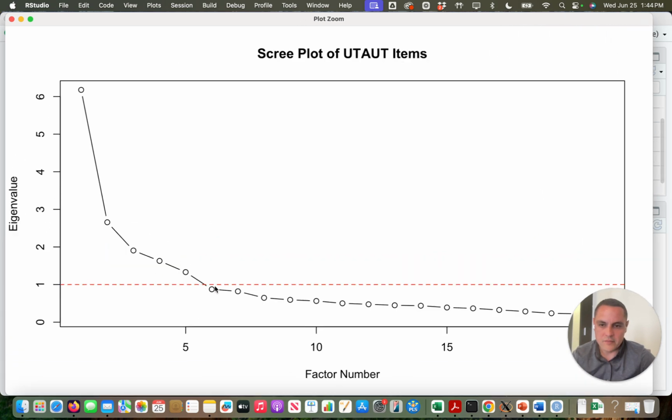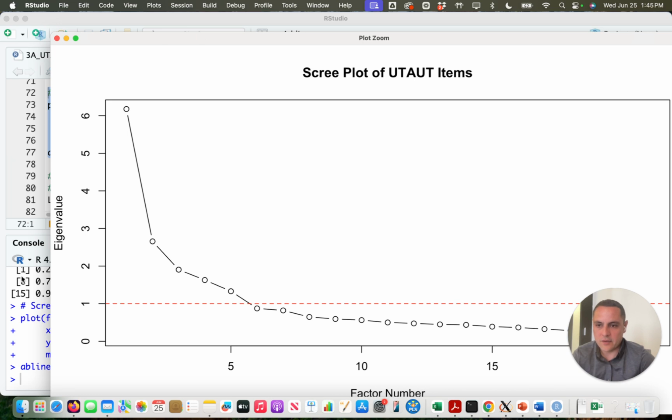You can see that this 6th one is just below 1, so I have pretty good justification to use 6. And in fact, it's backed up by my theoretical model. The cumulative variance explained for the first 6 factors is about 59%.